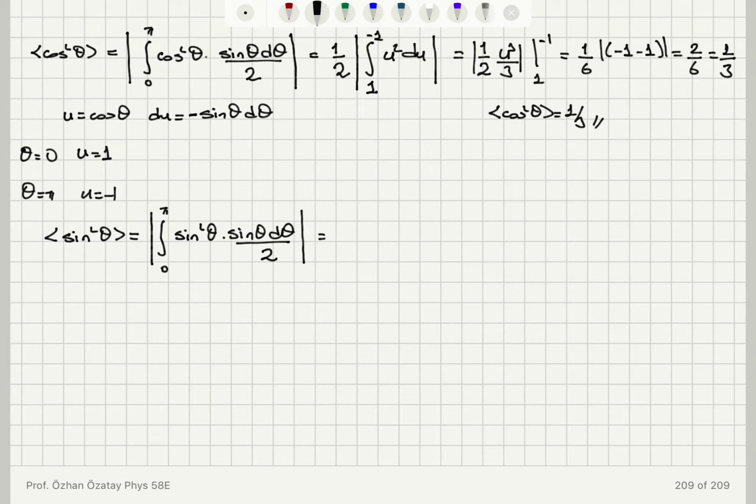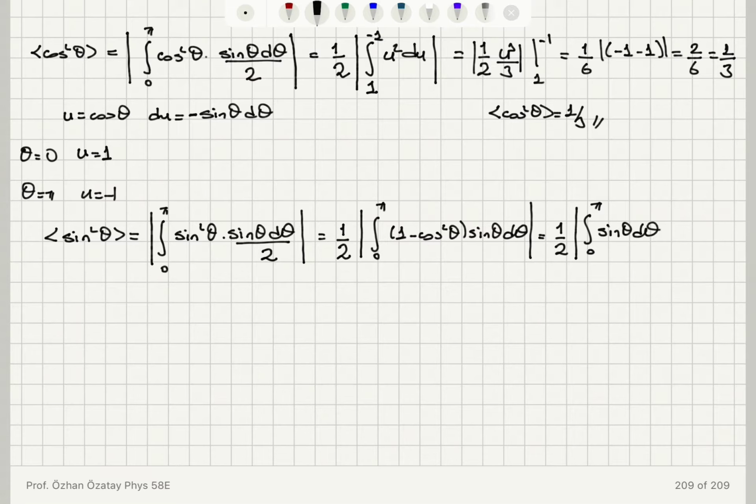So this will be equal to 1 over 2, absolute value, integral from 0 to pi of 1 minus cosine squared theta, sine theta d theta, and so I will obtain two integrals: 1 over 2 integral from 0 to pi of sine theta d theta minus the integral from 0 to pi of cosine squared theta sine theta d theta. So this will be equal to 1 over 2.